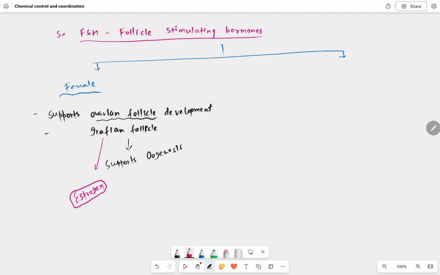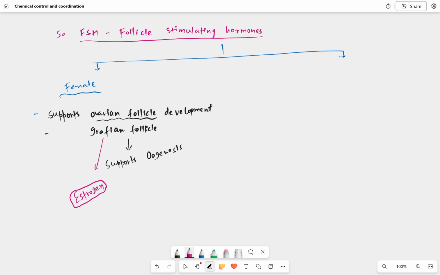We know that estrogen is synthesized and secreted by the follicular cells, which are basically found in the ovary around the Graafian follicle.